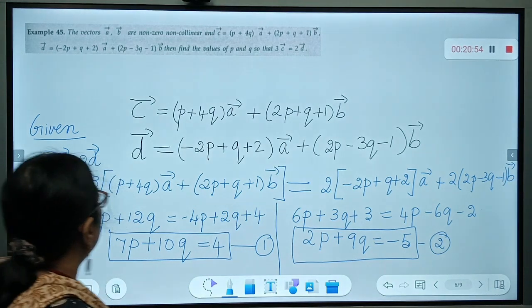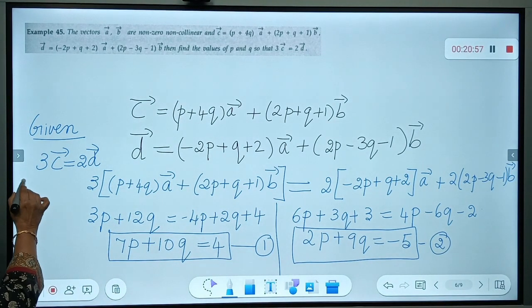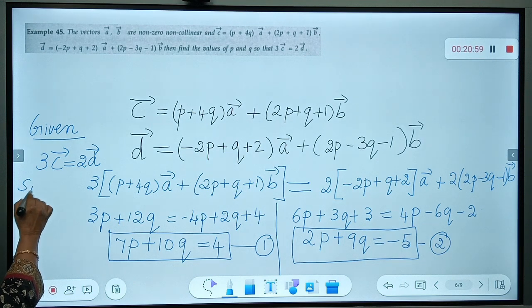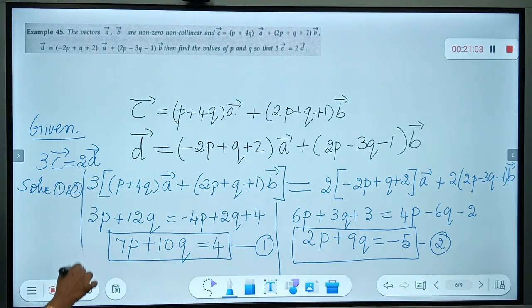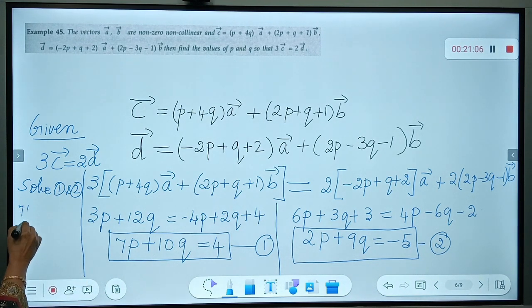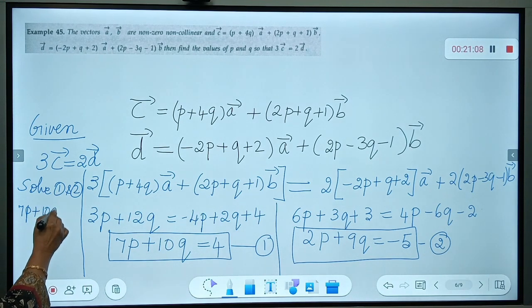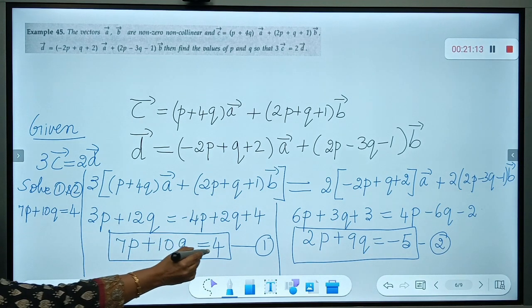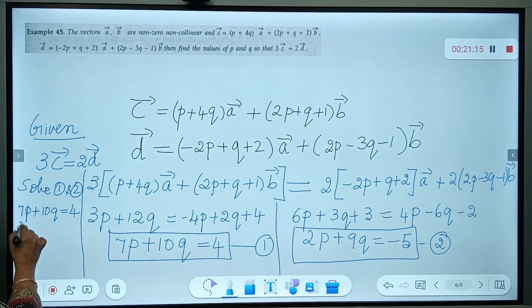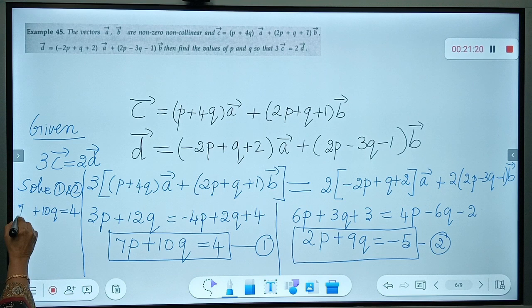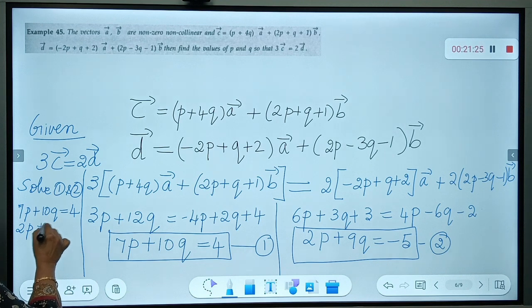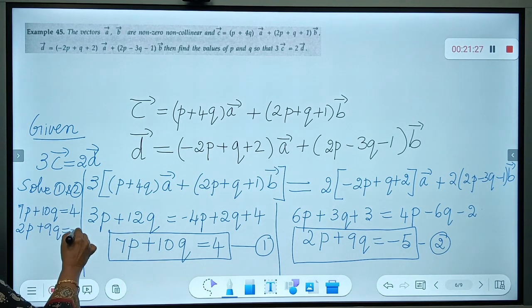Now solving equation 1 and 2. So let us solve 1 and 2. So 7p plus 10q equal to 4, and 2p plus 9q equal to minus 5.